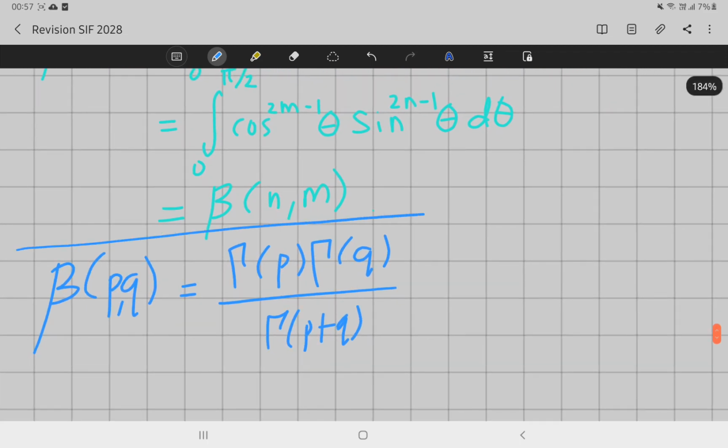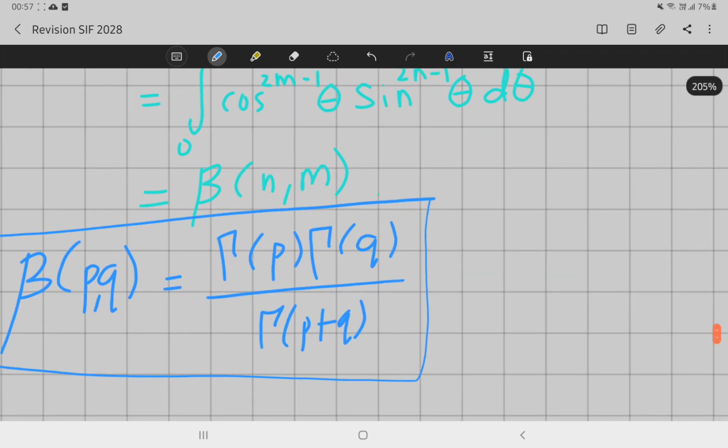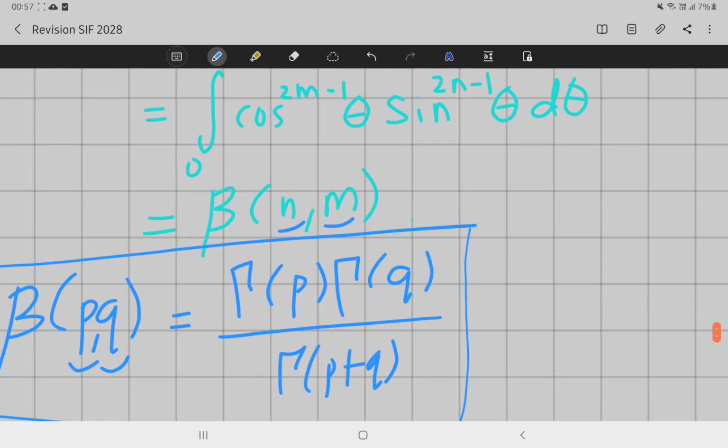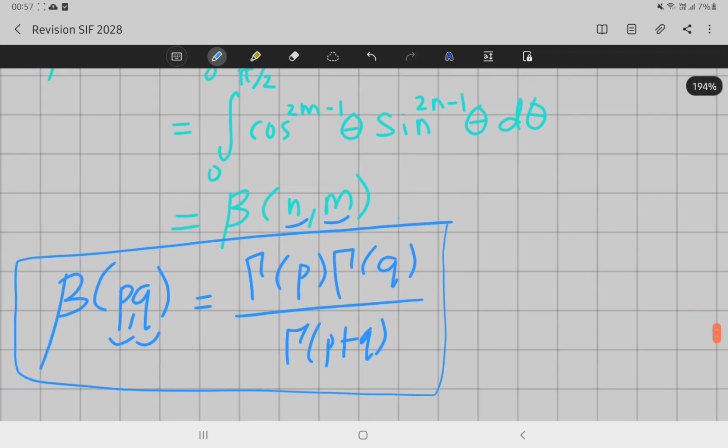Okay, so this is the relationship. It doesn't matter what parameter you use, either p, q, or m, n, or anything, as long as it is a constant or parameter, then it's all good.